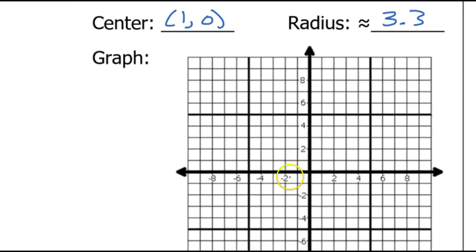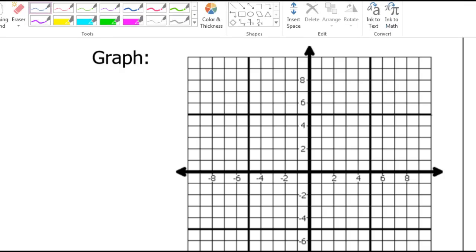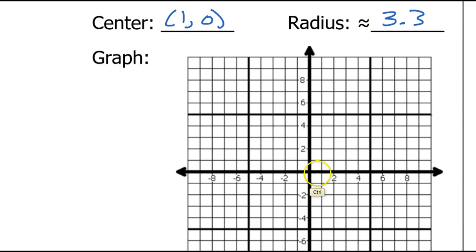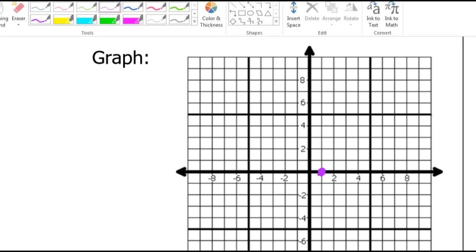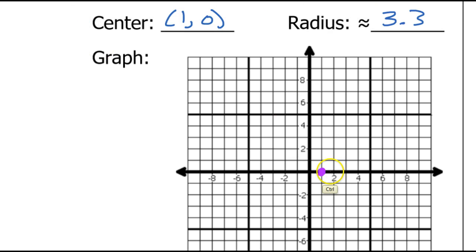Time to do the graph once again. So 1, 0 is the center, so that's going to be right here. Now I'm going to go 3.3 in all directions.